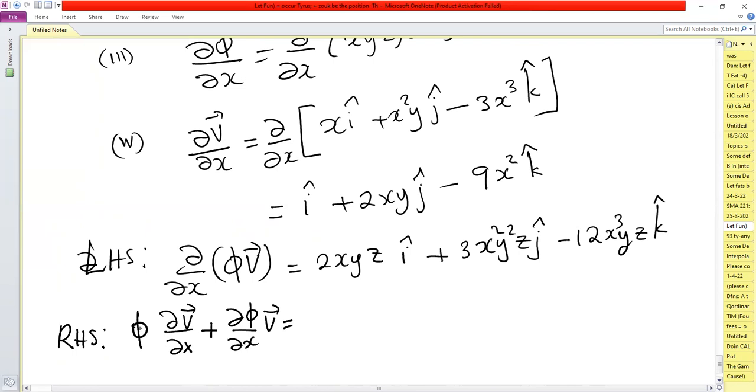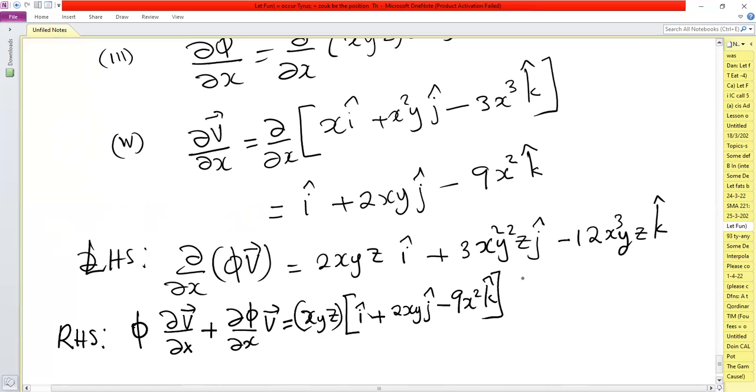So I just want to replace directly. Phi in this question is given by xyz. And then from our calculation, partial v partial x we found to be i plus 2xyj minus 9x squared k.